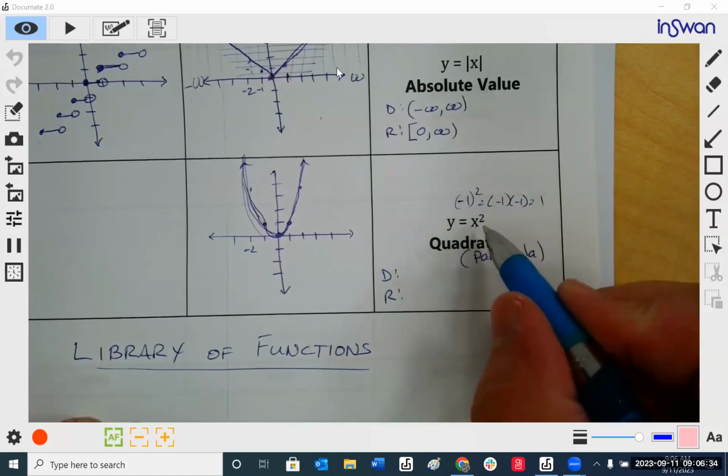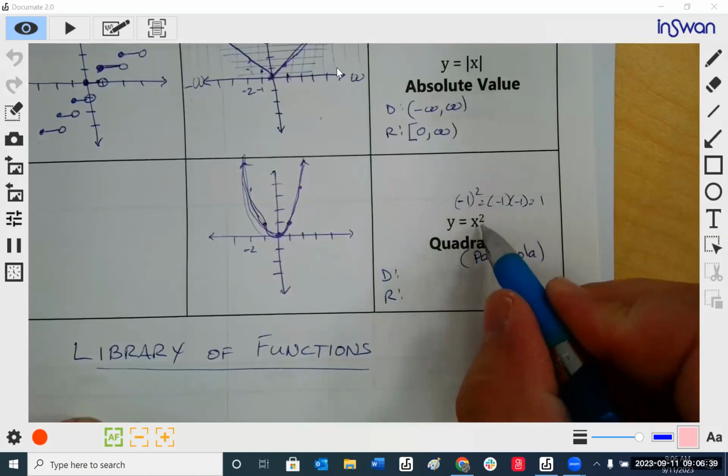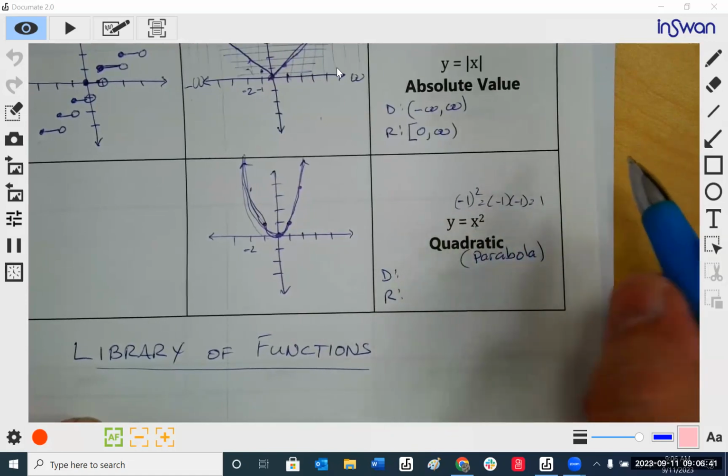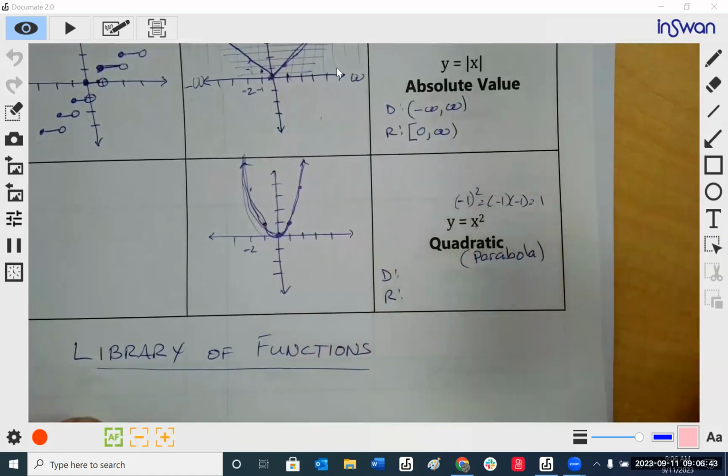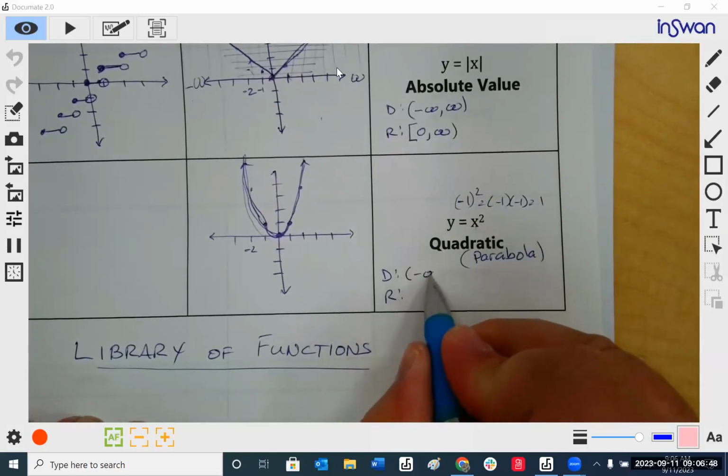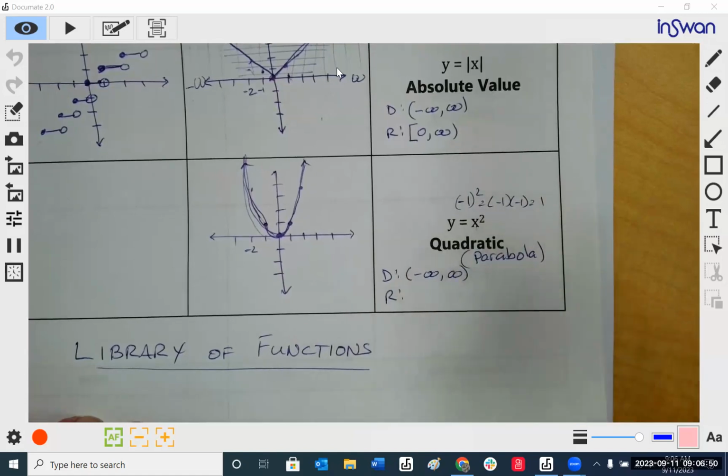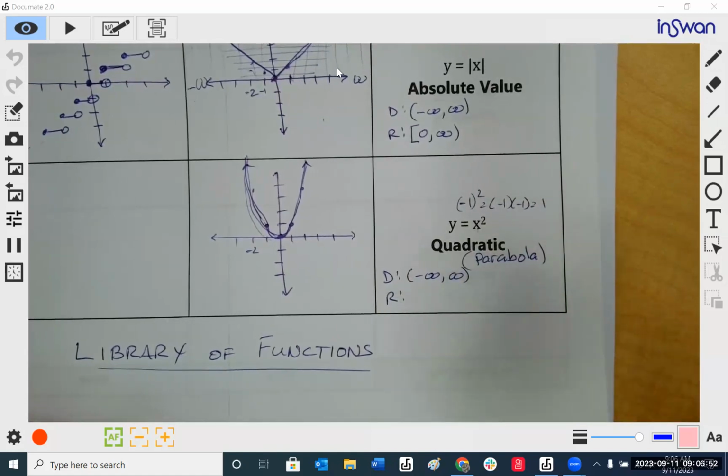Can you put negatives in there? Yeah, if you put negatives in there, it just becomes positive. Can you put zero in there? Yeah, zero. Can you put positives? So that means it's negative infinity to positive infinity. It's all real numbers. There are no limitations on what you can put in there.